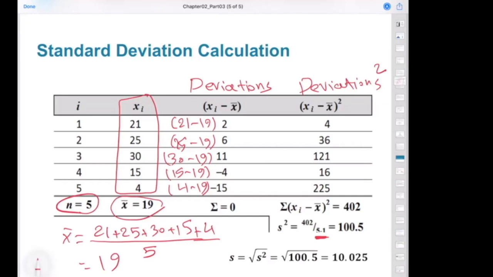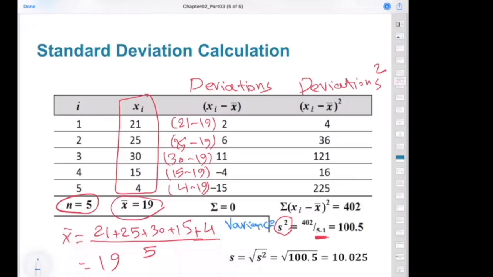Actually, we call this quantity S squared, and S squared means the variance.